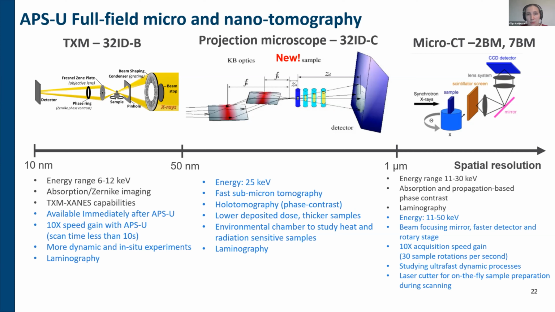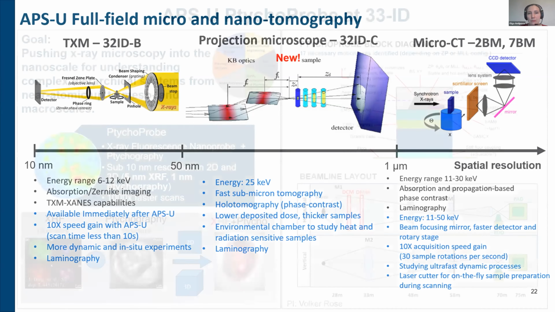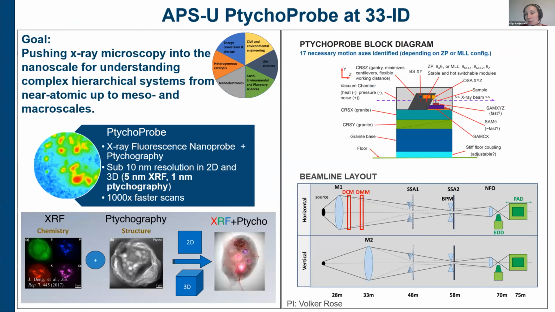They're going to build a new instrument, a projection microscope, which will allow holotomography as well, and will offer low deposition dose and will be able to accommodate thicker samples. And last but not least, we also have the Ptycho-Probe at 33-ID, which can also be used for environmental science samples, offering ptychography and XRF nanoprobe with sub-10 nanometer resolution.